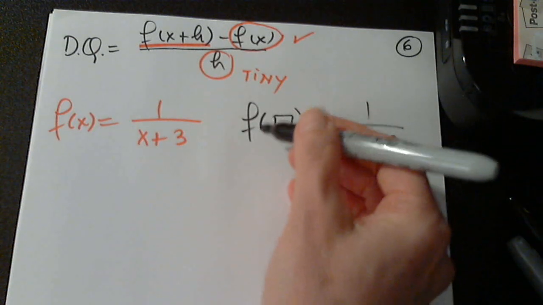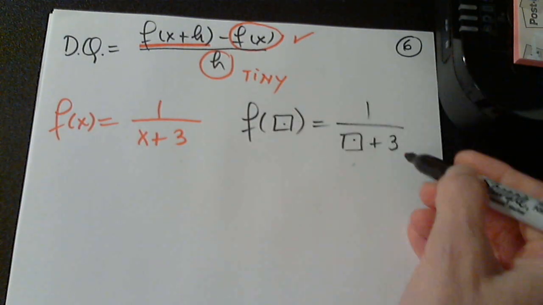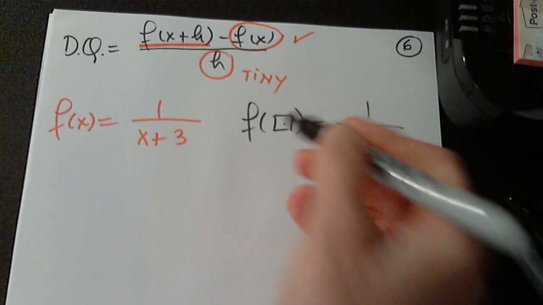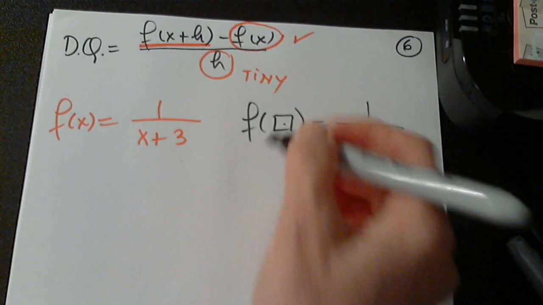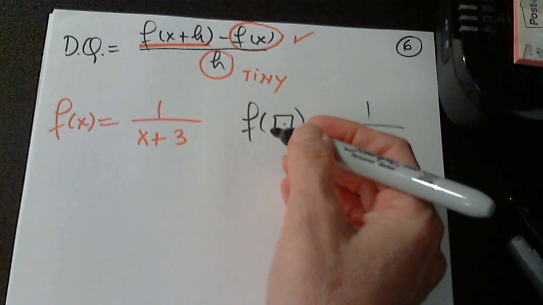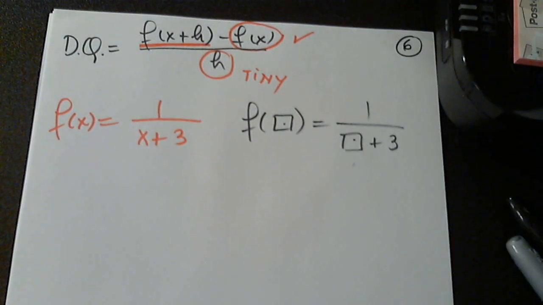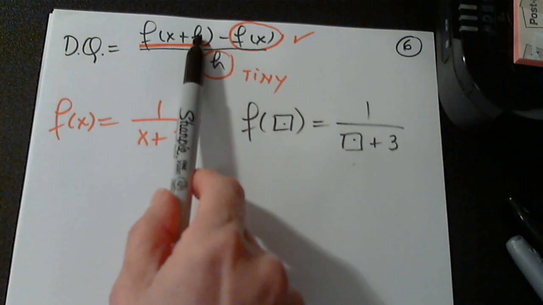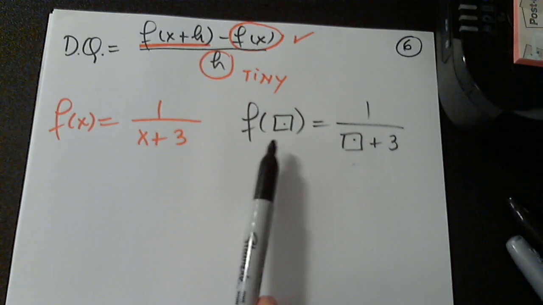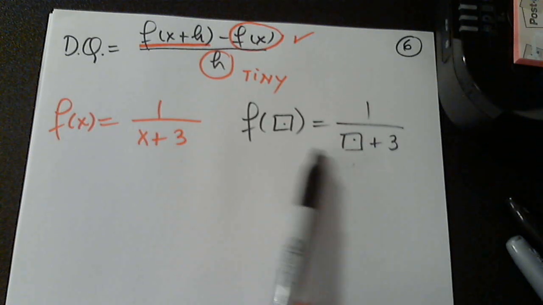So if you ask me to evaluate at 5, I will say 1 over 5 plus 3. If you say evaluate at 15, I will say 1 over 15 plus 3. If you say evaluate at negative 3, I'll say, oops, I cannot. But now I'm asking you to find f of x plus h. How will you find f of x plus h for this function?